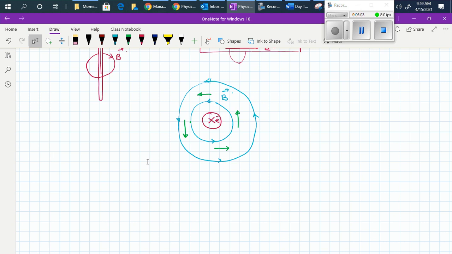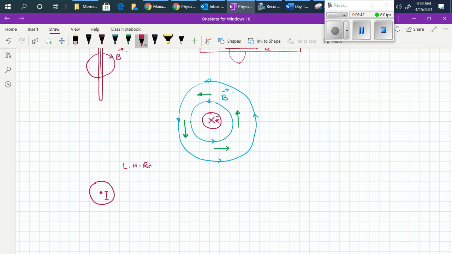In that case, if I'm telling you that the direction of the conventional current is, let's say, out of the field, so this one here is a positive one. Direction of the current is out of the paper.